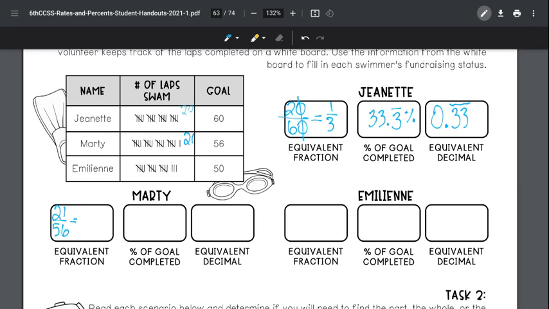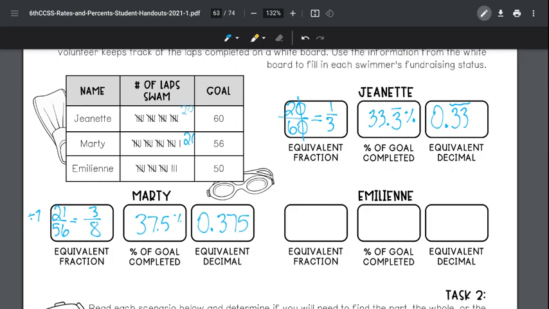Well, their common number is 7, so we're going to divide the top and bottom by 7. 21 divided by 7 is 3, and 56 divided by 7 is 8. So if you type in 3 divided by 8 in your calculator to get your decimal, you're going to get 0.375. And if we multiply that by 100 to get our percent, it's going to be 37.5% of what he really wanted to do.